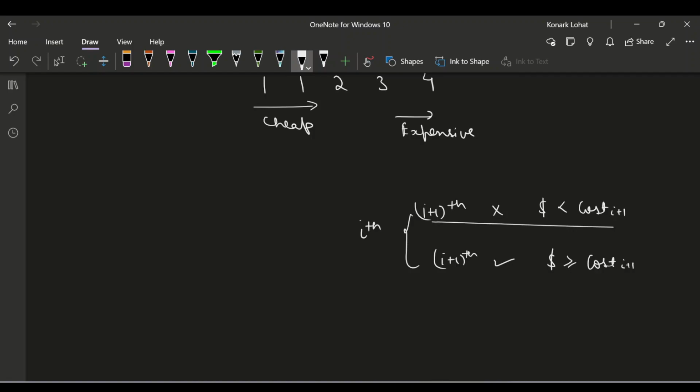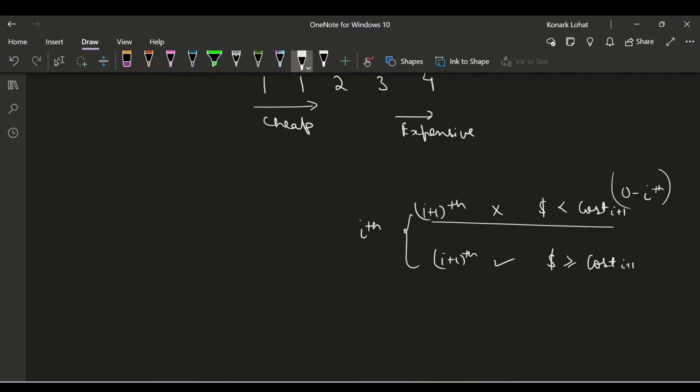If it cannot be bought, then all the ice creams from 0 to i that you have bought are the maximum items that you can buy, because after i plus 1 you will have i plus 2 and so on, and none of them can be bought.